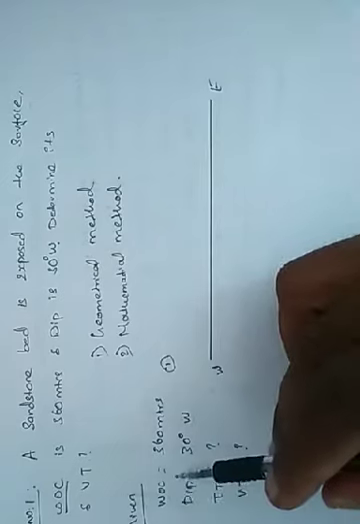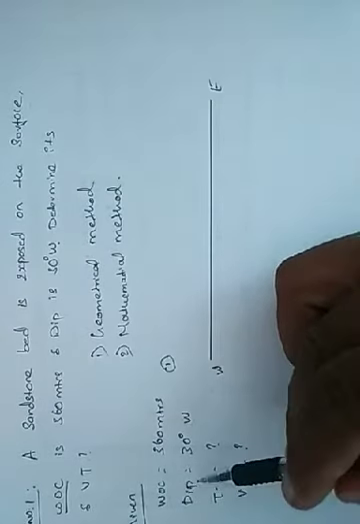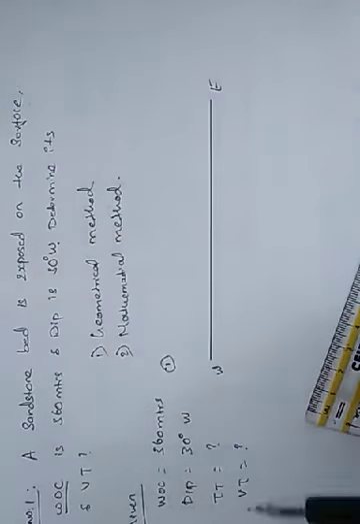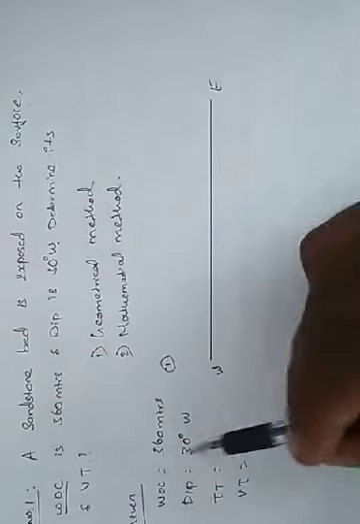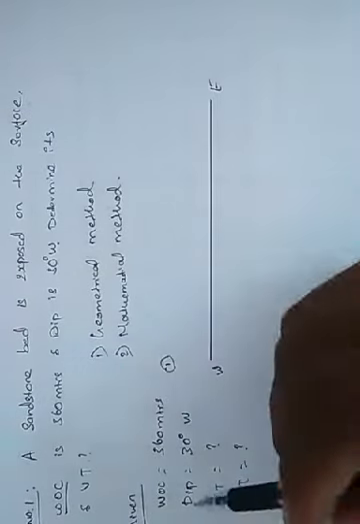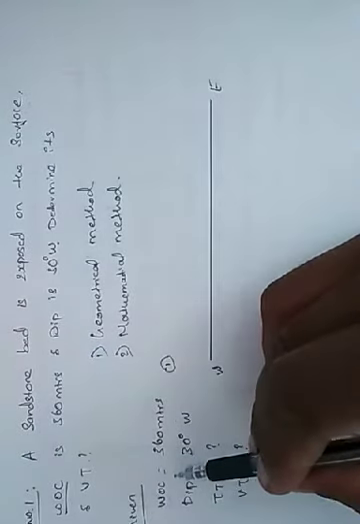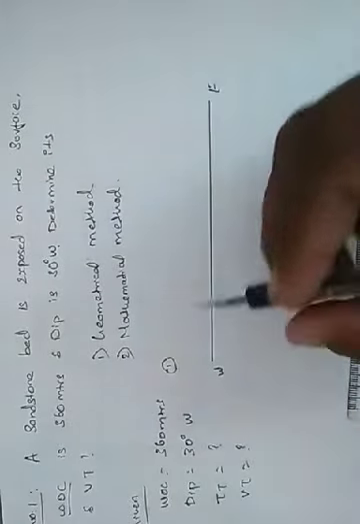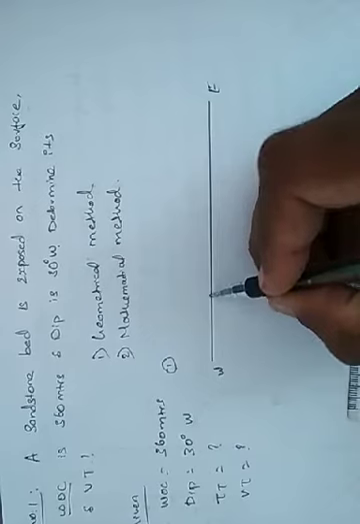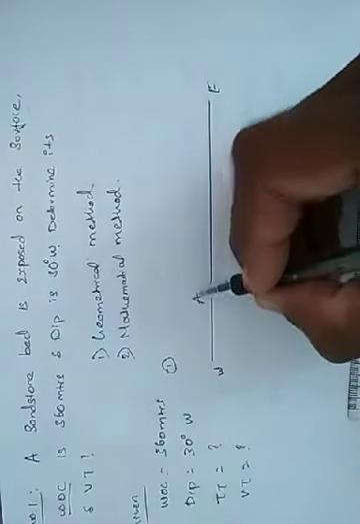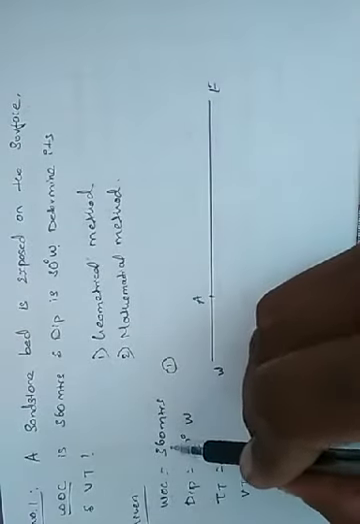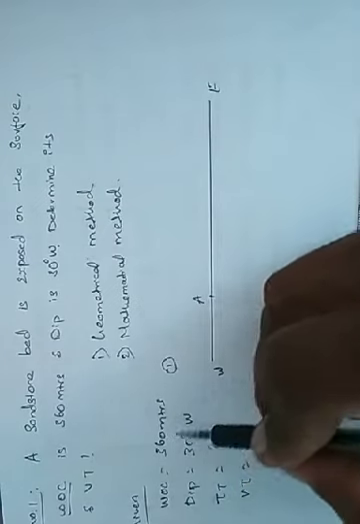They have provided two parameters, that is WOC and dip, width of outcrop and dip. So now let's start marking these parameters one by one on this surface line. First we will mark the WOC, that is width of outcrop. Mark one point anywhere on the surface line, mark it as A. To mark this width of outcrop, we need to convert these meters to the scale.